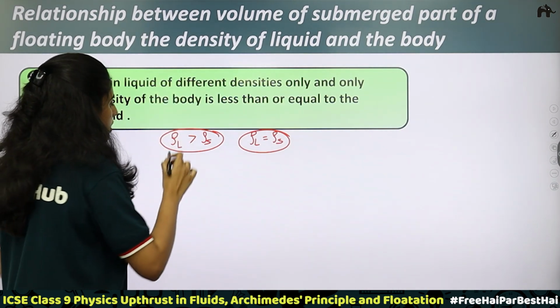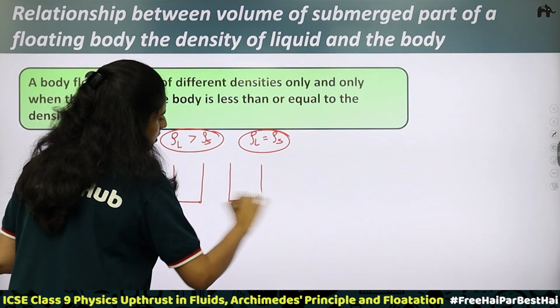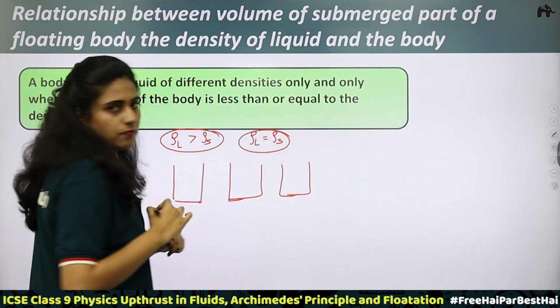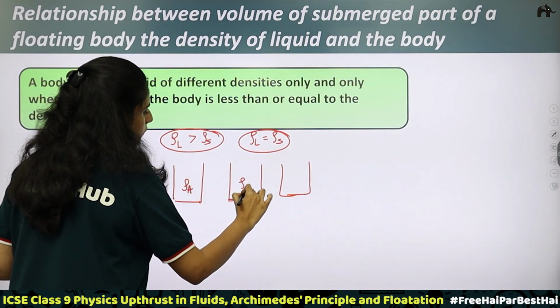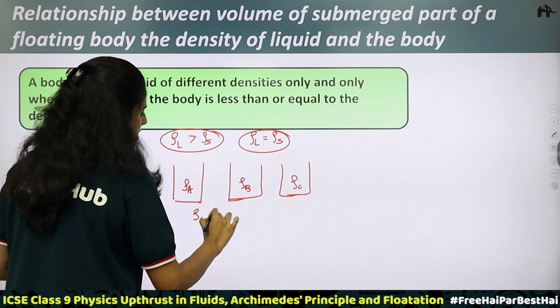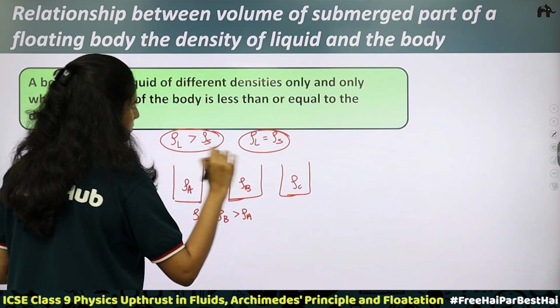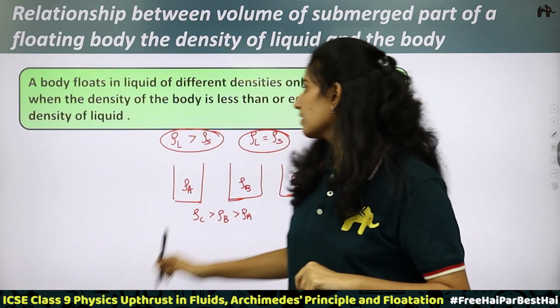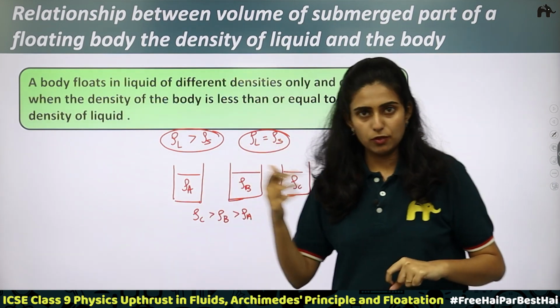Now consider the case where you have three liquids: density of liquid A, density of liquid B, density of liquid C. Let's say density of liquid C is greater than density of liquid B, which is greater than density of liquid A. Here we know that in all these cases the body will be floating.